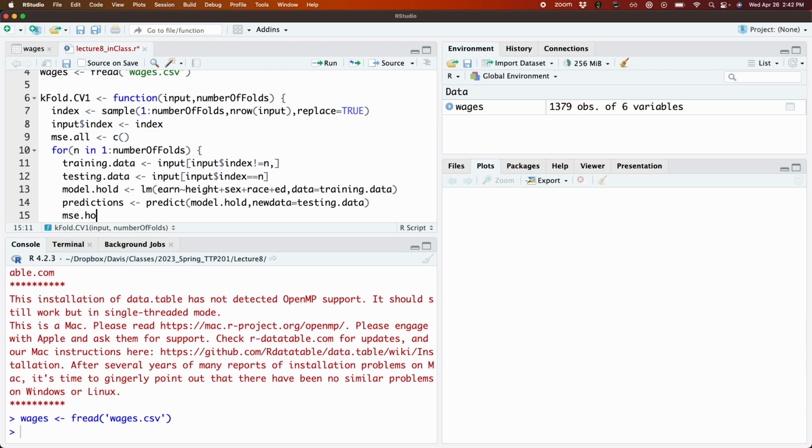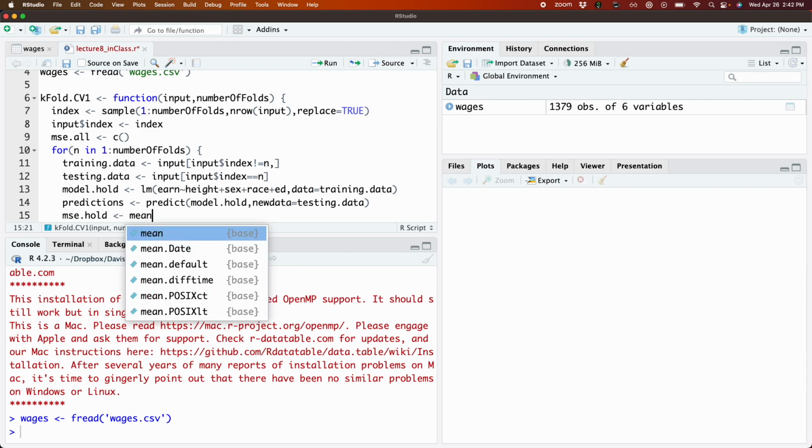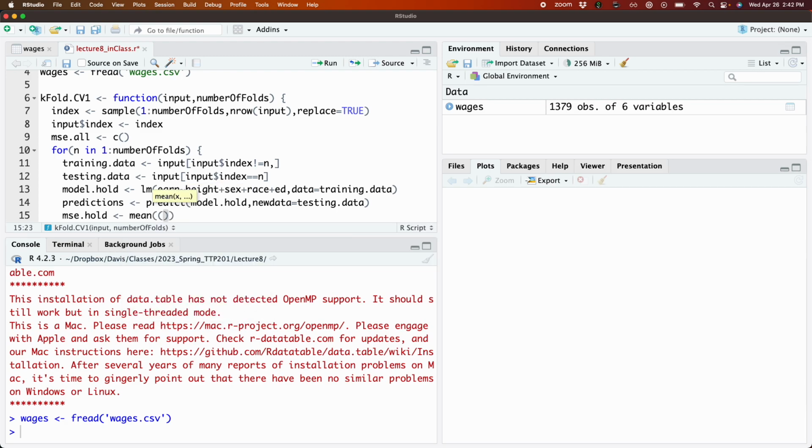So mean squared error is the mean of the... well, I was going to ask, but I already typed it out, so. The mean squared error is based off of the actual outcome variable earnings in my test set versus what I predict, right?